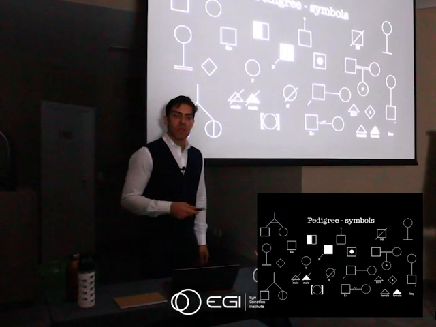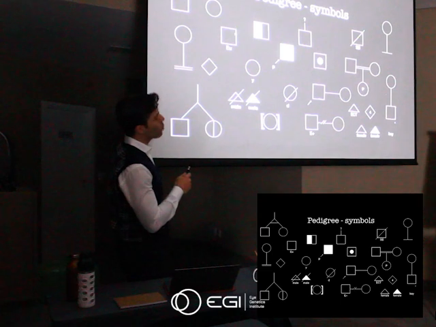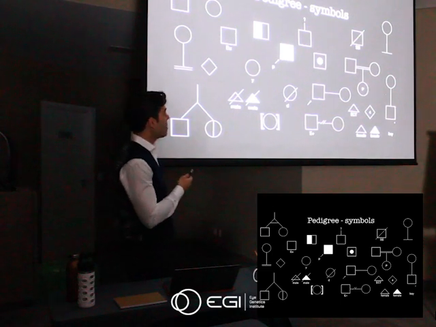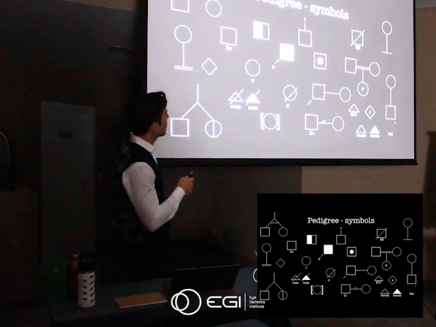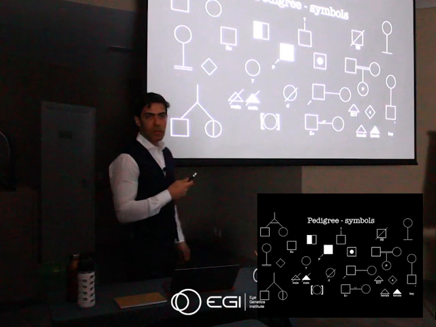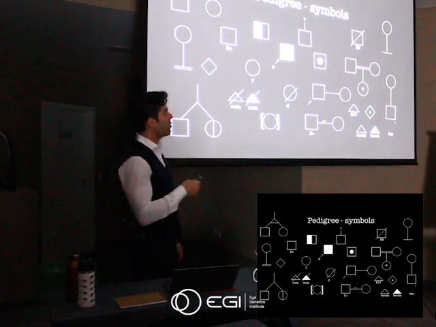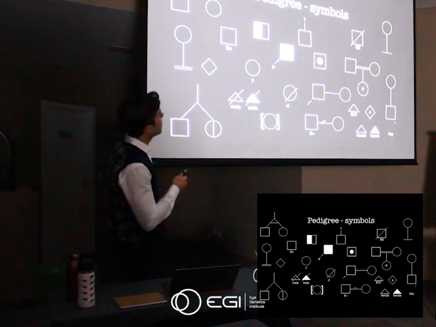So let's see the symbols that we have here. For example, here we have a square. A square is a male. Here we have a circle. A circle is a female. Here we have a diamond. When we draw a diamond, it means that we are not saying if it's a male or a female. It can be anyone.